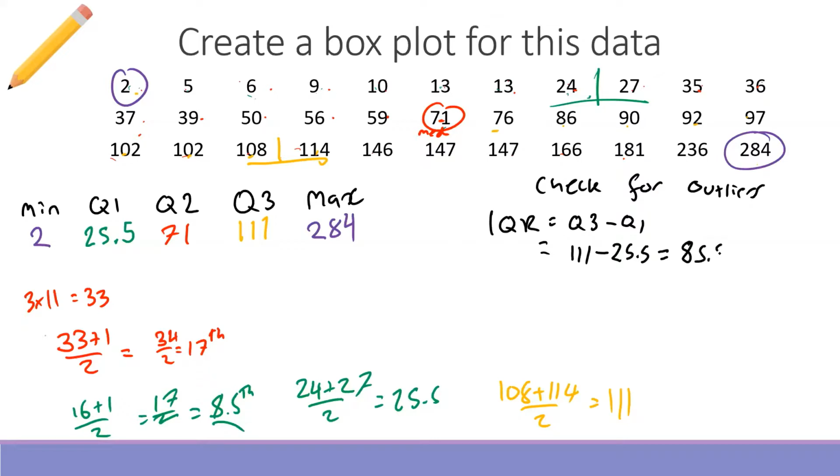That's our interquartile range. Beautiful. We don't want the interquartile range. We want 1.5 times the interquartile range, which is going to be 1.5 times 85.5 equals 128.25.